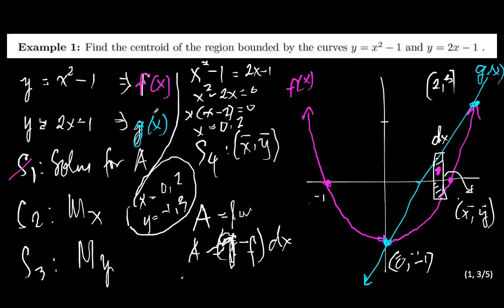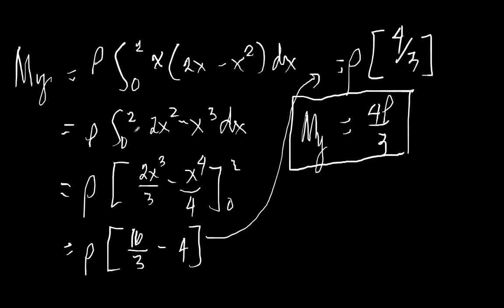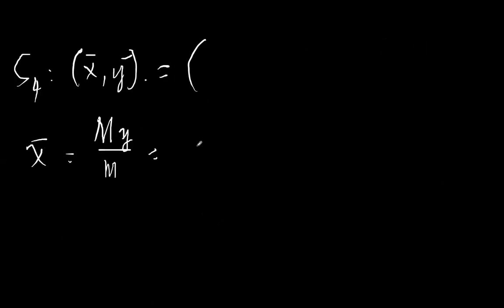So it's just like we're going to remove the rho in the value. So we have M sub y is equal to 4 rho over 3.